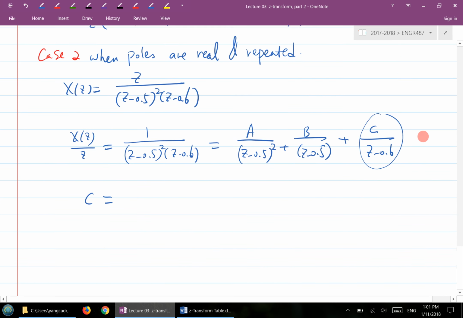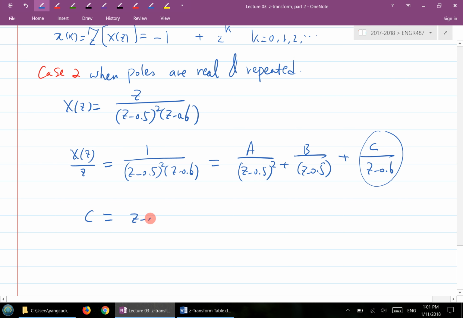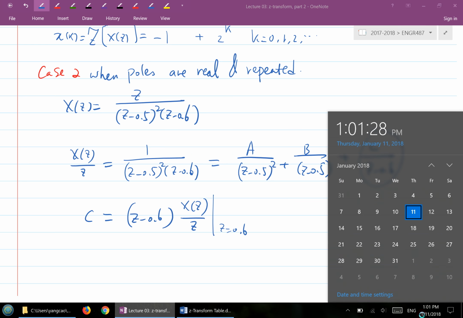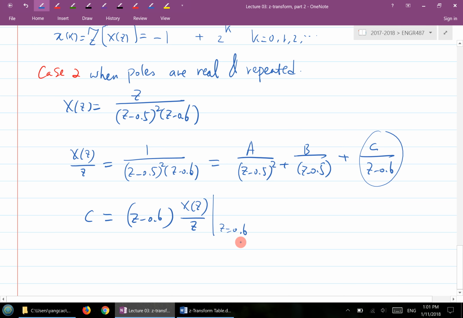All you need to do is multiply z minus 0.6 by this x over z divided by z, which is this term here. Then you set z equal to 0.6, so it'll cancel this first, and then substitute z equal to 0.6 into the rest of the term.